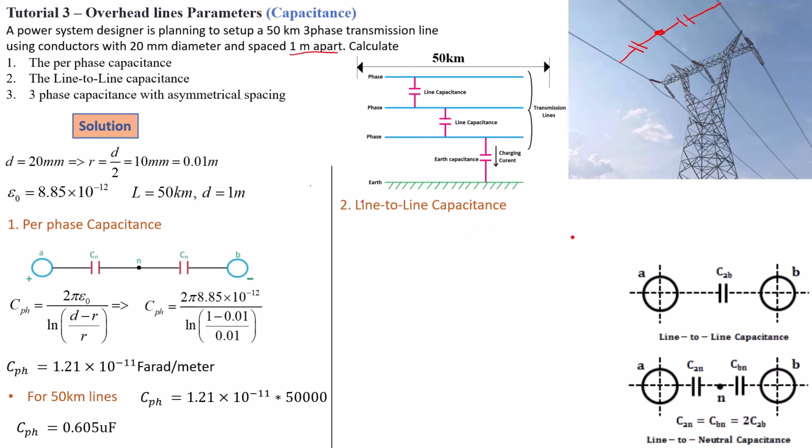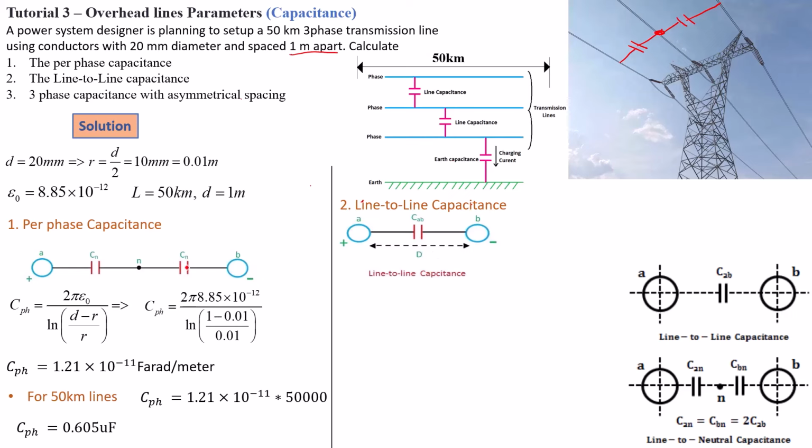To calculate the line-to-line capacitance, it's very simple, because now consider that we've got our two conductors, phase A and phase B, and this is our capacitance. Now we don't have a neutral line anymore, so that means the capacitance is only this one capacitance here. So what does this mean?